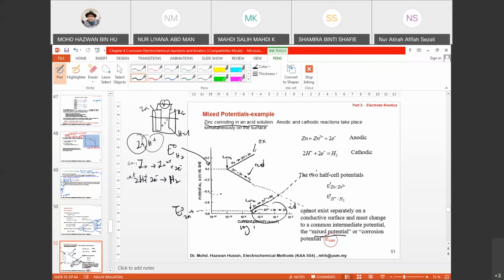This is the point we call E-corr. And this is how you can get the Tafel plot for your zinc with acid reaction.